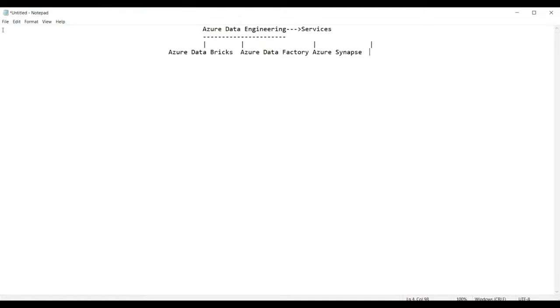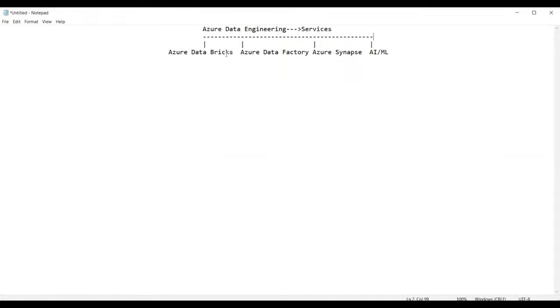We also have Azure Artificial Intelligence, AI, or we can also refer to it as ML, machine learning. These all are the services packed into Azure Data Engineering. That means data engineering means end-to-end solutions for the data.